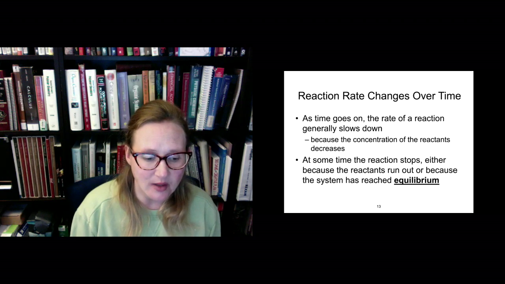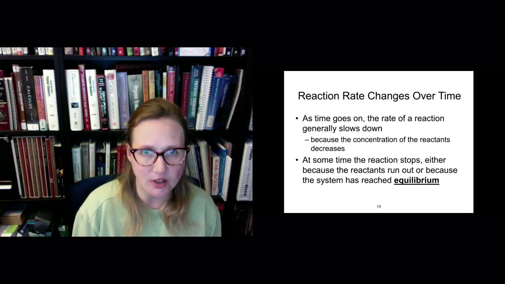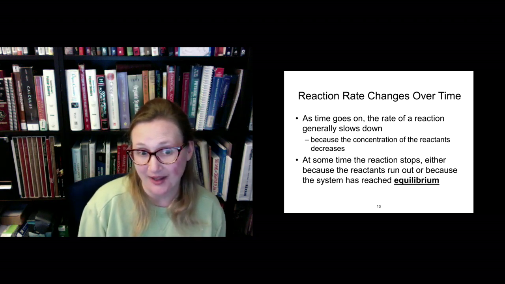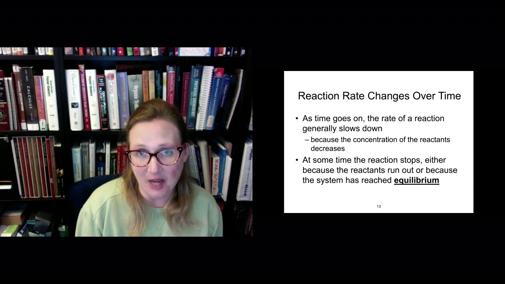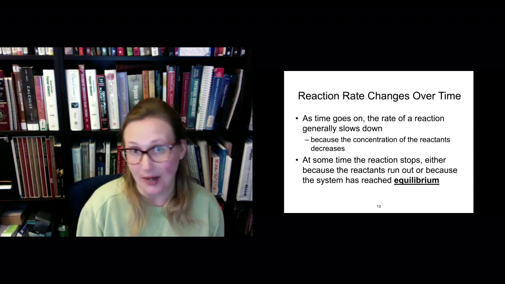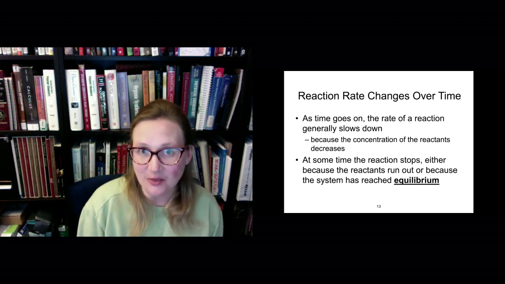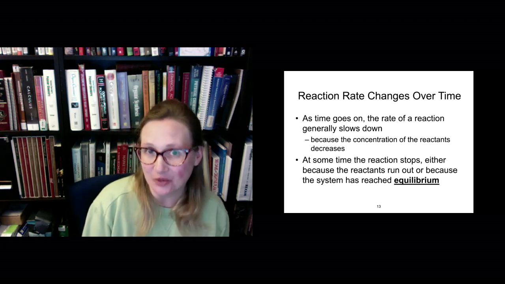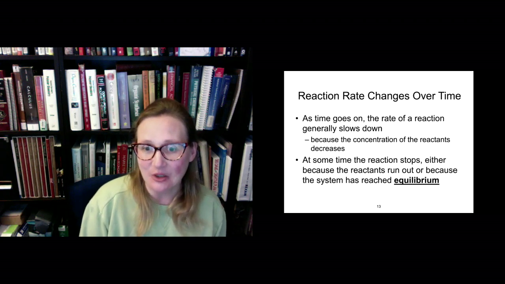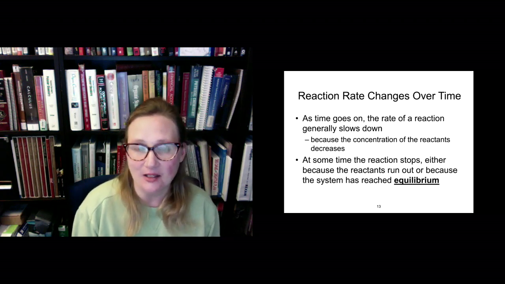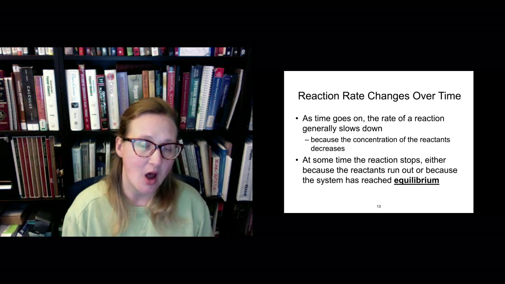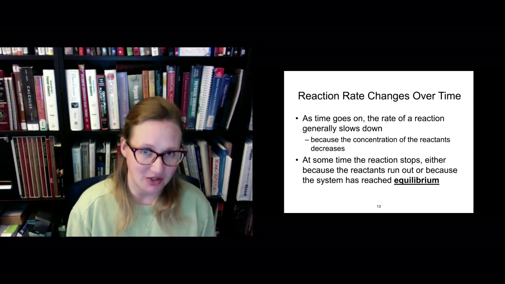And then we also have to think that at some point the reaction has got to stop. This can happen in two ways. Either the reactants run out, and there's nothing more to react, or the system has reached an equilibrium. What I mean by equilibrium here is that the concentration of reactants and the concentration of products are not changing.